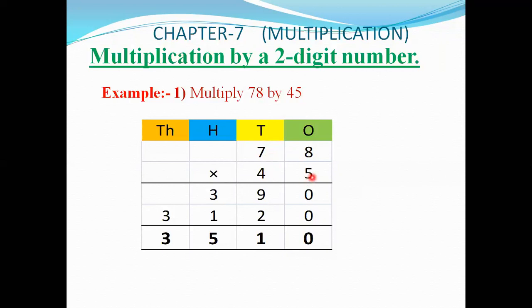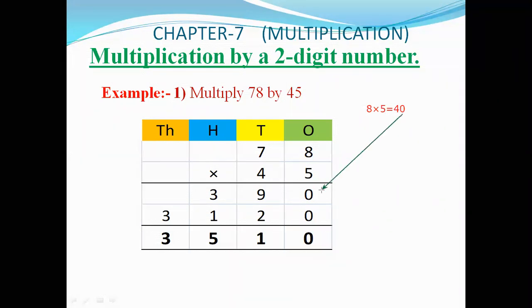Now students, first we multiply 5 by 8. 8 multiplied by 5, we get 40. We have already discussed this type of calculation, and now we write 0 under the ones column. Now this 4 goes over the tens.